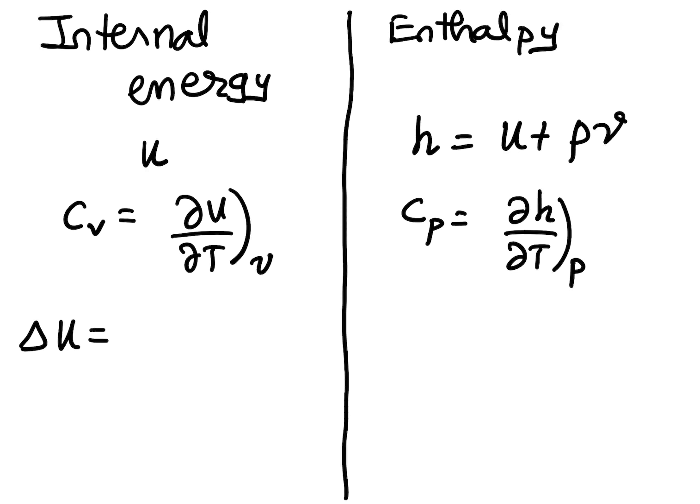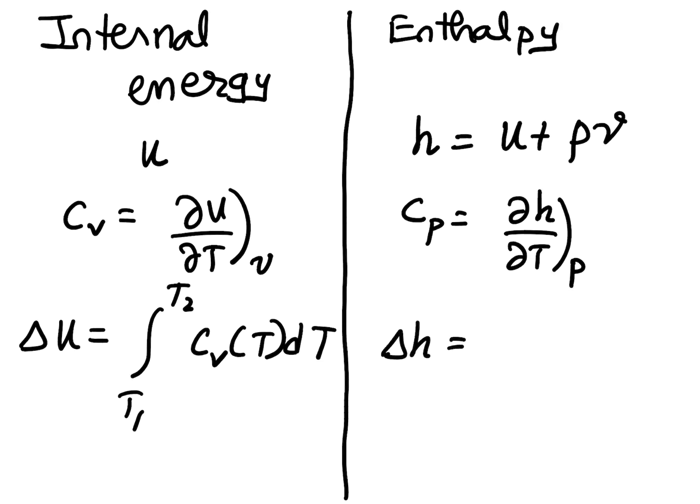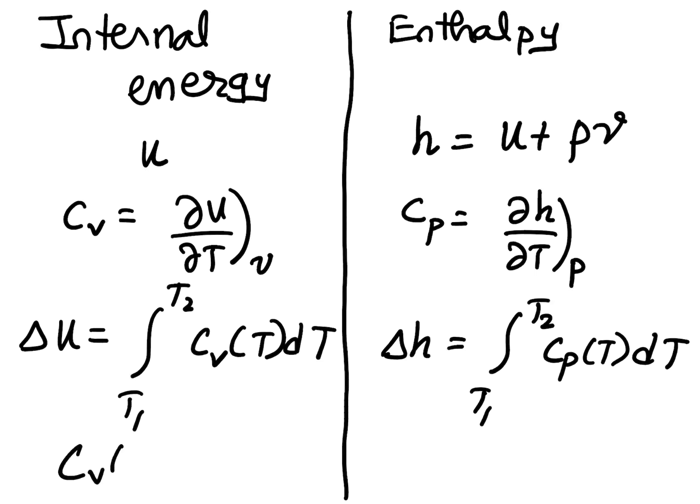You calculate internal energy change by integrating over the specific heat that depends on temperature between T1 to T2. Likewise, you calculate the enthalpy change by integrating over the specific heat at constant pressure between T1 to T2. Okay, Cv is a function of temperature.